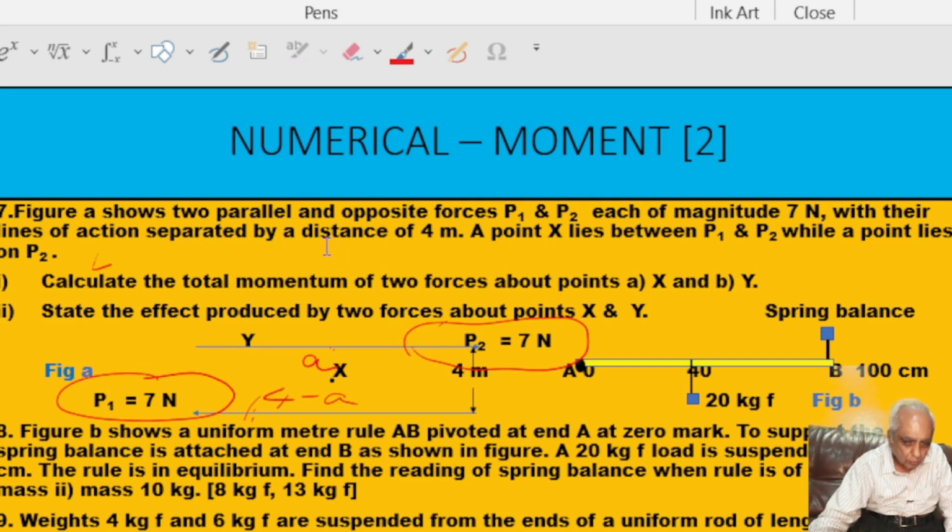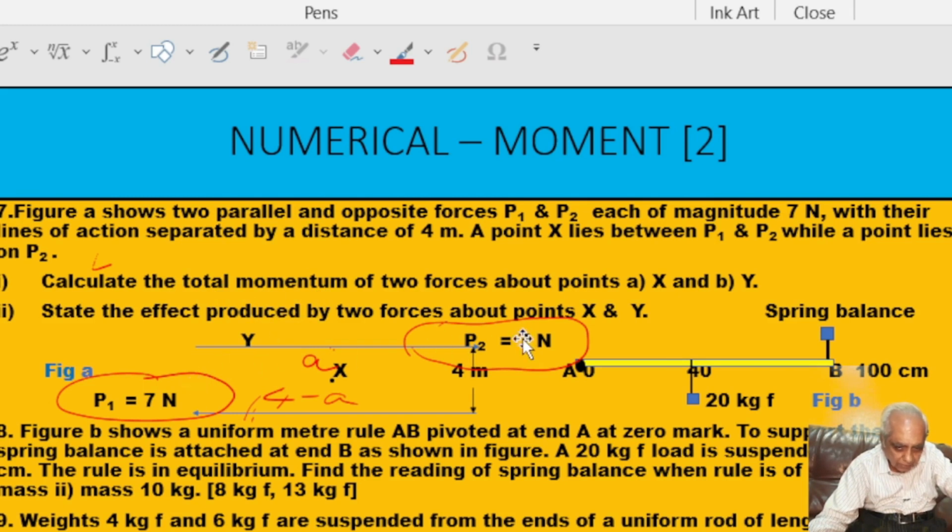As I told you, the moment of a couple does not depend upon the point of rotation, it remains the same. So this example shows that the moment remains the same, that is 28. Now we'll go to the next sum. State the effect. The effect is that it will rotate the body clockwise with a moment of 28 Newton meter.